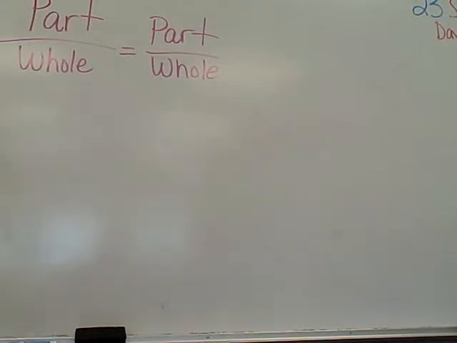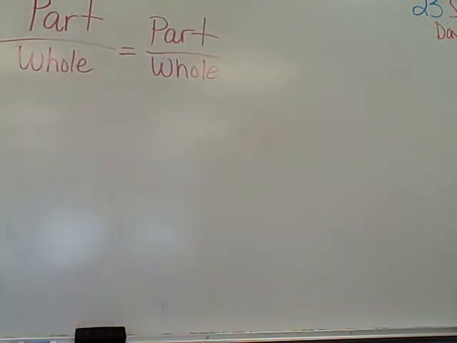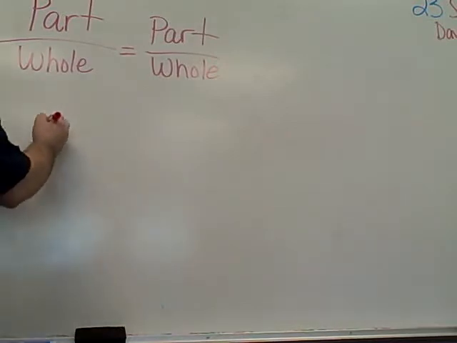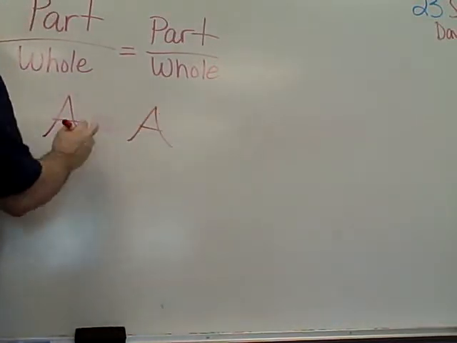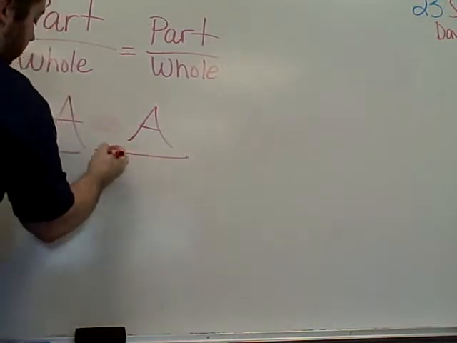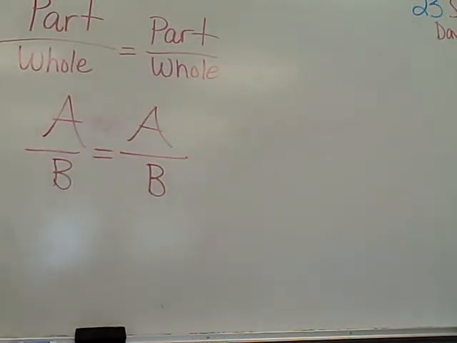The other way you can do this, and I'm just going to use a variable, is A over B equals A over B. So whatever A is should be on the top.